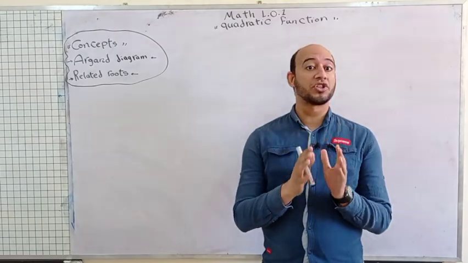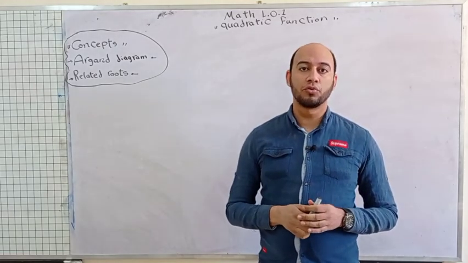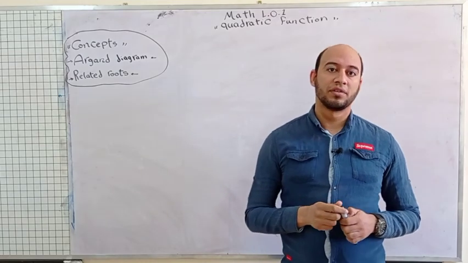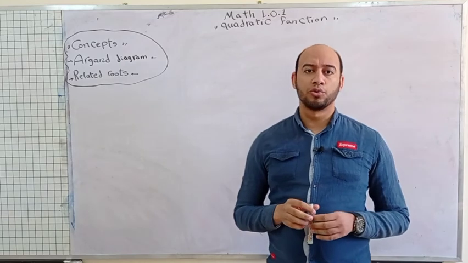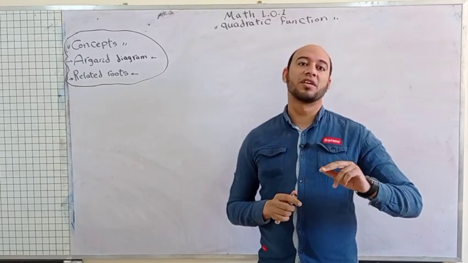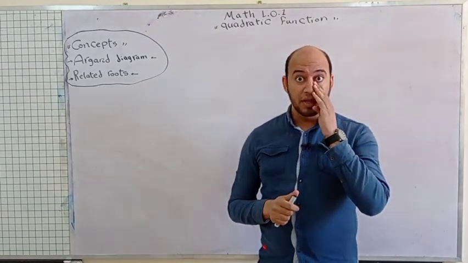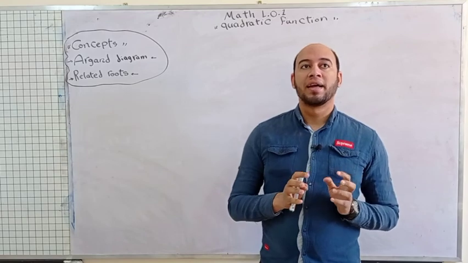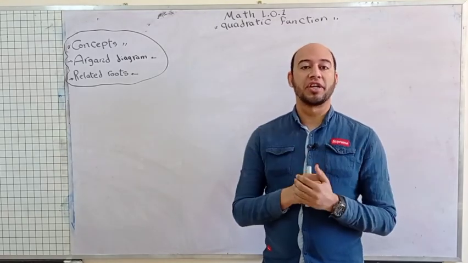The quadratic equation has 3 types of root: 2 real different roots, 2 similar real roots, and 2 complex roots. And we have also noticed that if the coefficients of the quadratic equation are real numbers, then the imaginary roots or the complex roots will be conjugate.